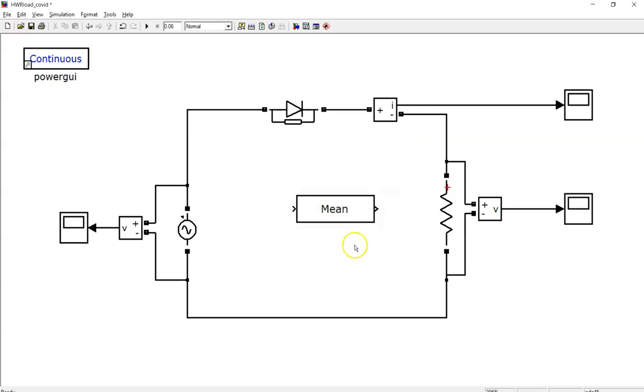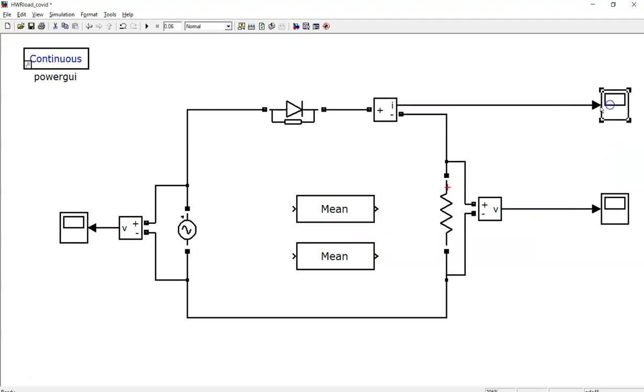Since we also need to determine the output current, we need to copy the second mean block. In order to locate the mean block for the output current as well as the output voltage, you just bring the block and put it in the middle of the wires.